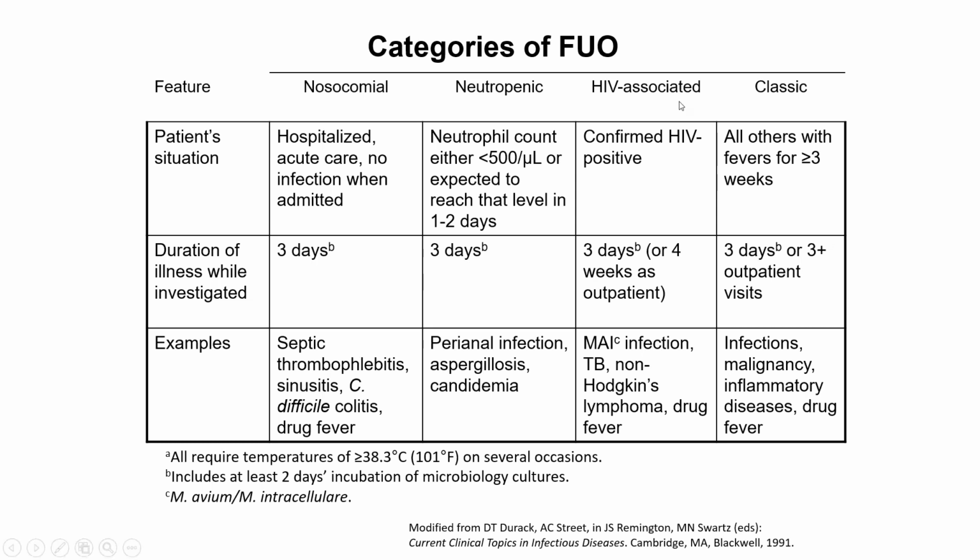Patients with HIV who develop prolonged fevers should be confirmed with an HIV positive report, and there are multiple causes of opportunistic infections that happen in these patients, and these patients can present as fever of unknown origin. Everybody else who presents with fevers for more than 3 weeks, which has not been diagnosed in three days or 3 outpatient visits, can have any of these infections, malignancies, inflammatory diseases, or drug fever, and is categorized as classic FUO.